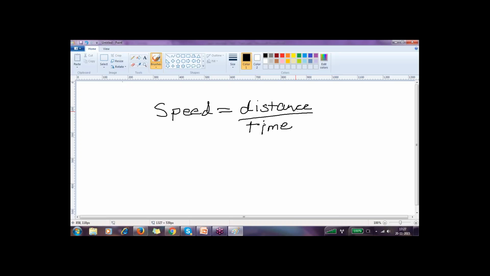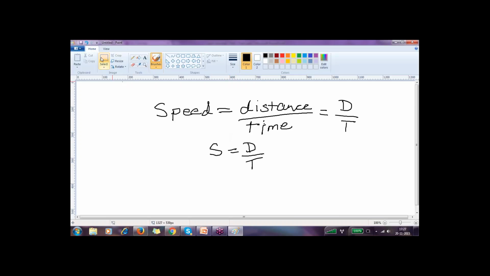Fine. So this we can write as d by t. The classical formula is S is equal to d by t.